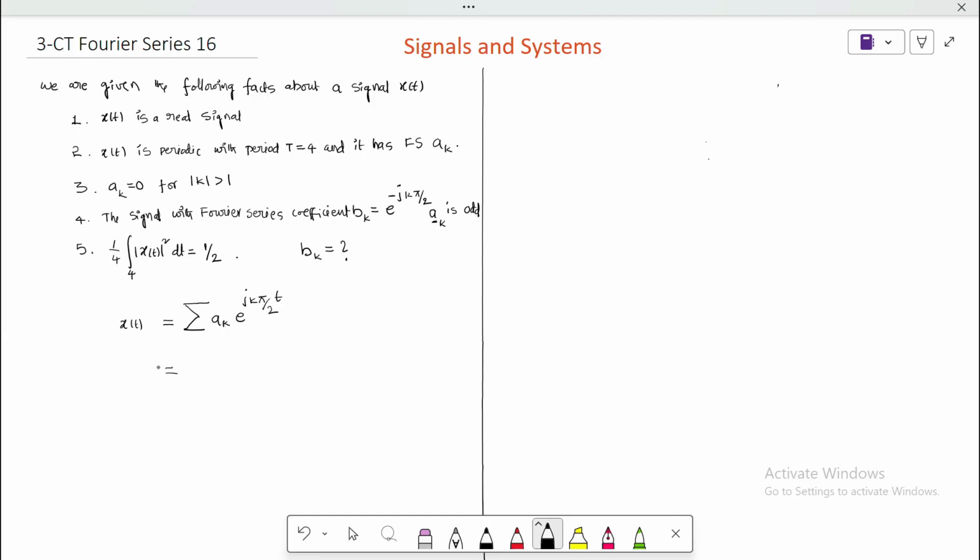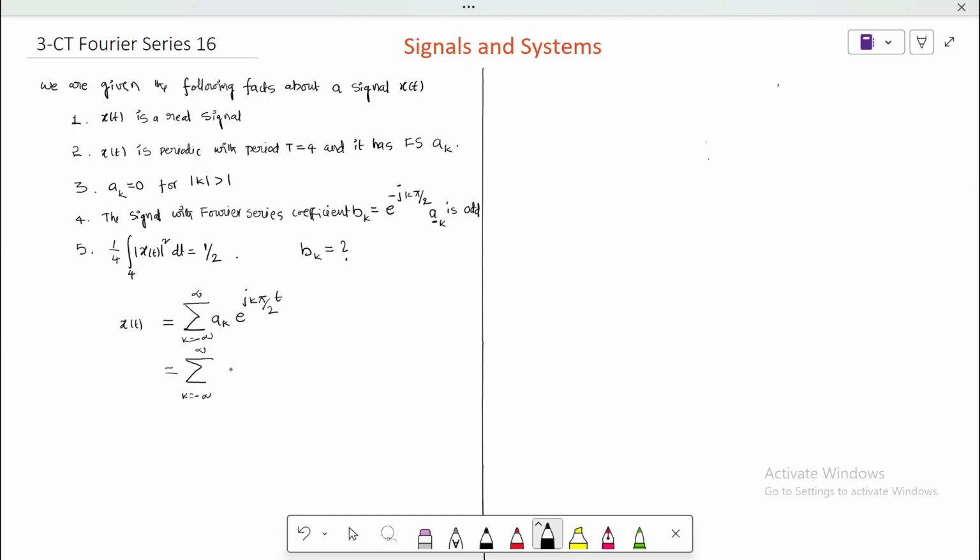Now we have to find the signal corresponding to this b_k, with k equal to minus infinity to plus infinity. I'm finding the signal corresponding to this Fourier series coefficient.